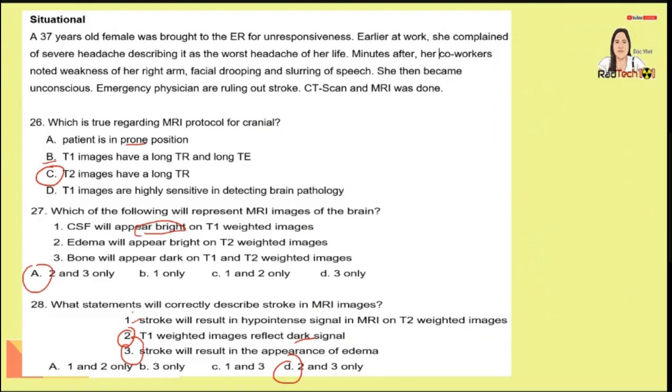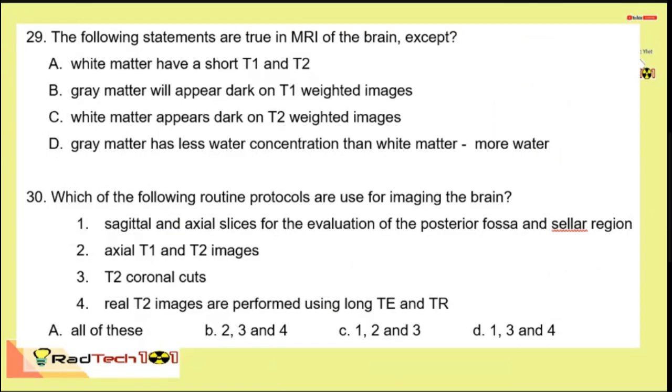So correct answer is only 2 and 3. 29. The following statements are true in MRI of the brain except D. Gray matter has less water concentration than white matter. Ito yung explanation, nasama na. So, this is false. 30, which of the following routine protocols are used for imaging the brain? The correct answer is B. Axial T1 and T2 images for MRI.